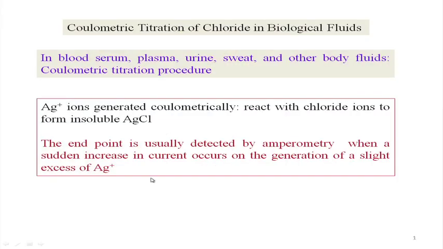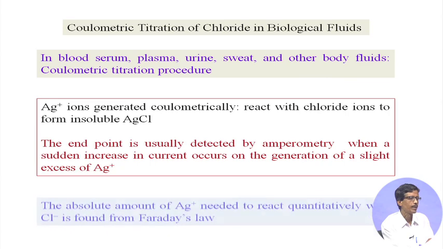So, that is the typical process we follow for any titrimetric method: the silver ion will now be in excess because we are titrating everything with the silver ion. So, the chloride concentration is 0 because all the chloride has been consumed to form the silver chloride, and therefore, you have the corresponding sudden increase in current in terms of the corresponding ampere values, which can be detected by the typical amperometric titration.